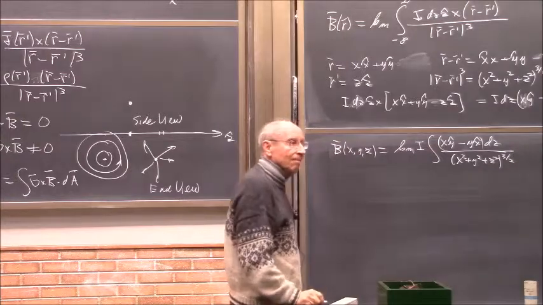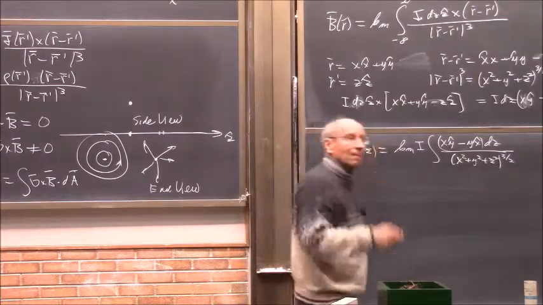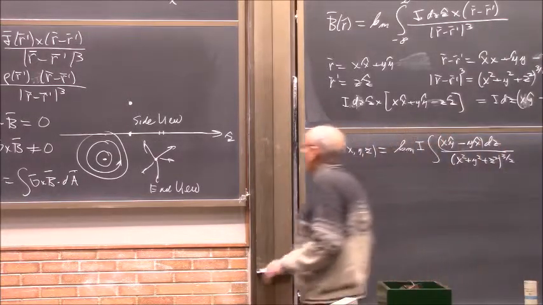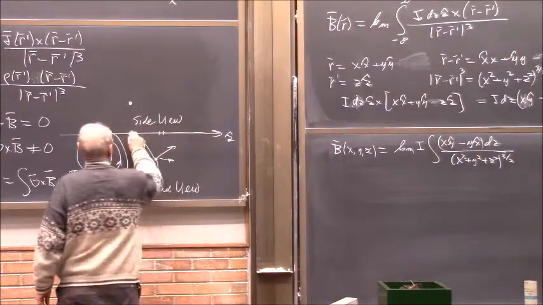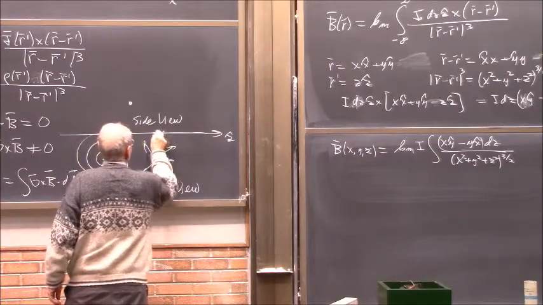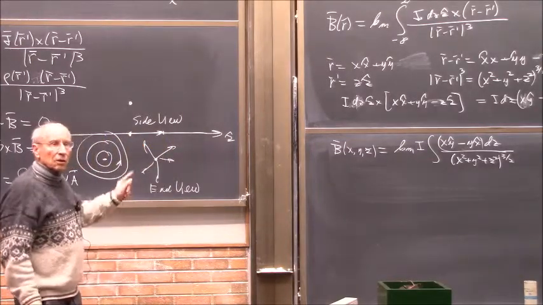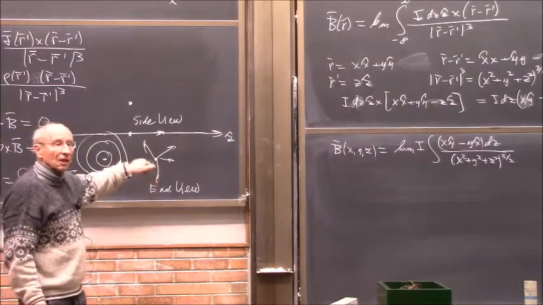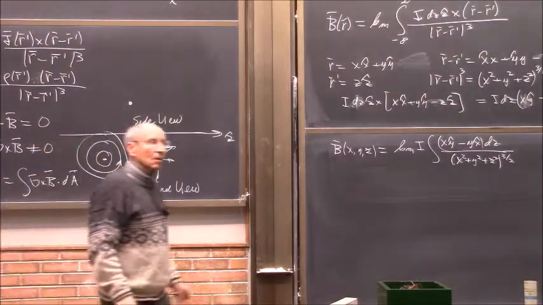Okay with everybody? Yes? From our drawings, what are we considering to be r prime? R prime is the vector from our origin to where the little current is located. So in our case, it's just along the z direction, a distance c from the origin.